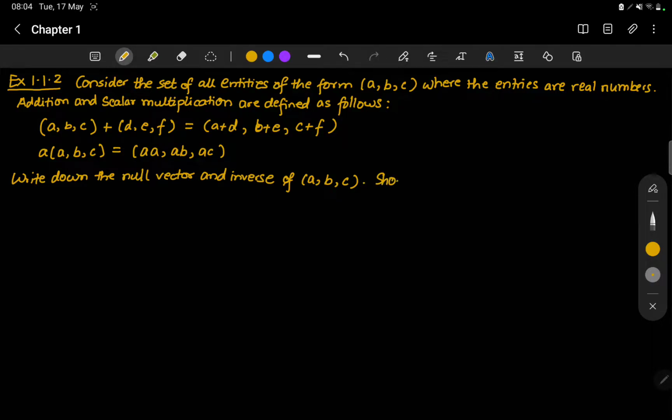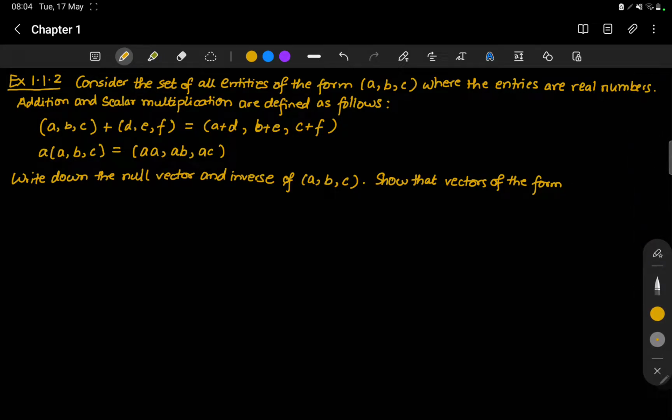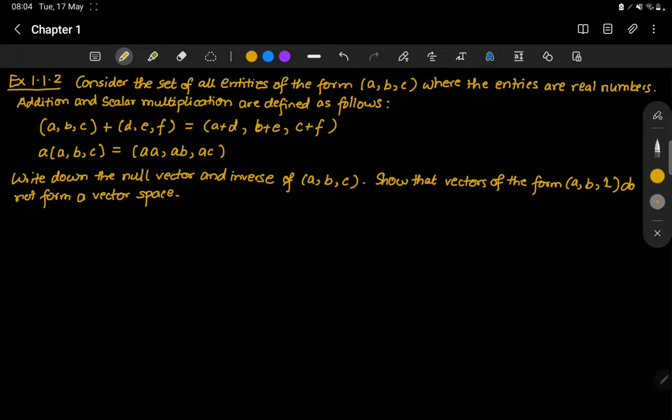Then show that vectors of the form A, B, 1. So the third entry over here is fixed at 1. Do not form a vector space. So this is the question that we have to solve.